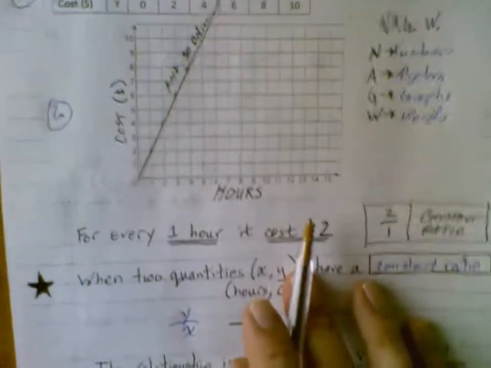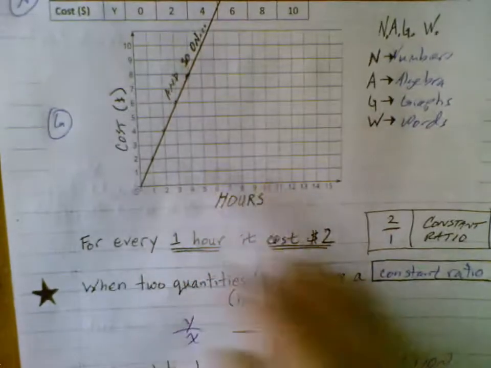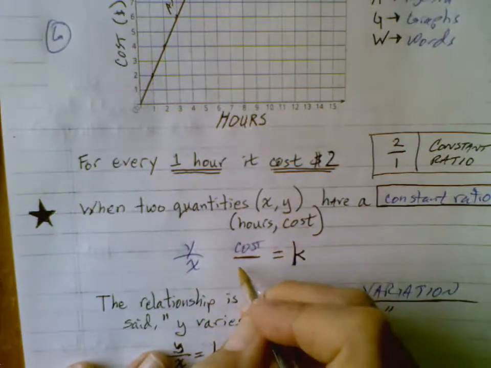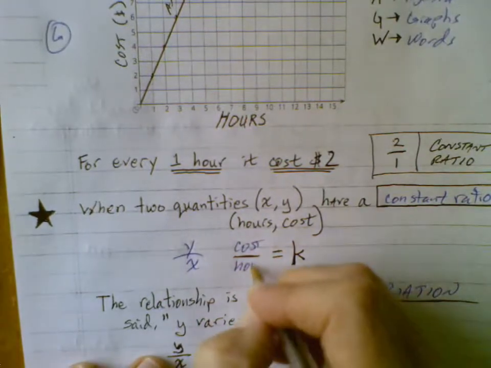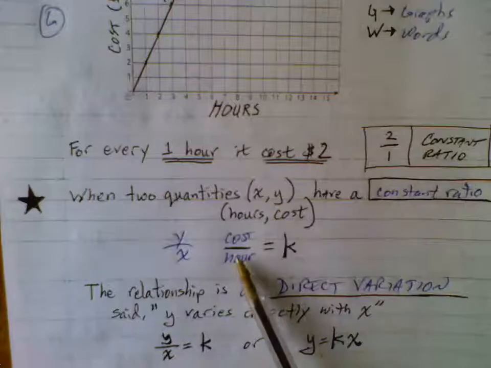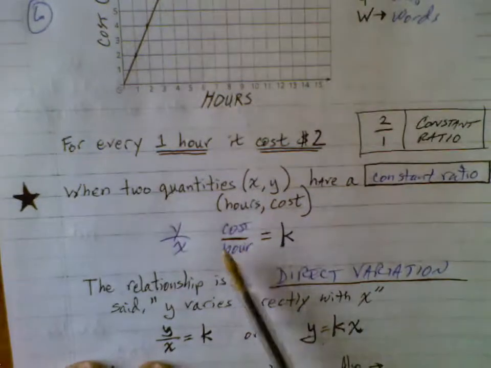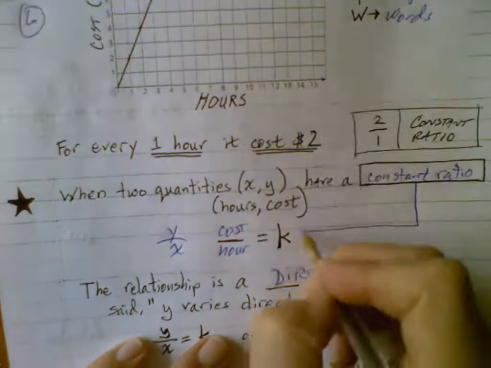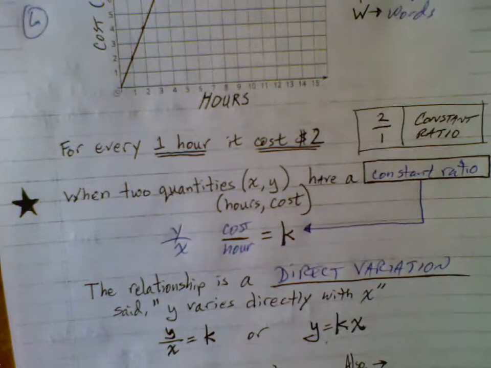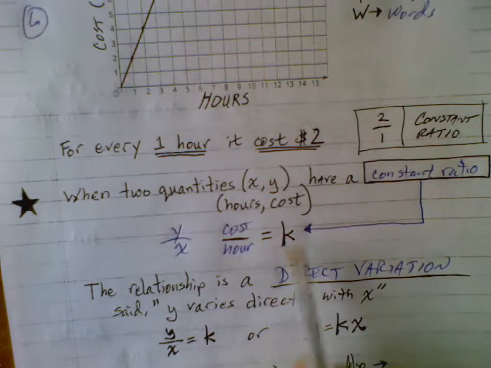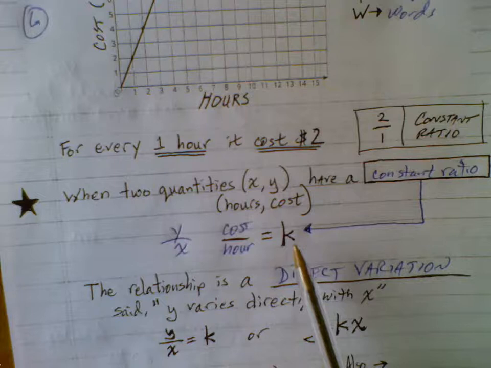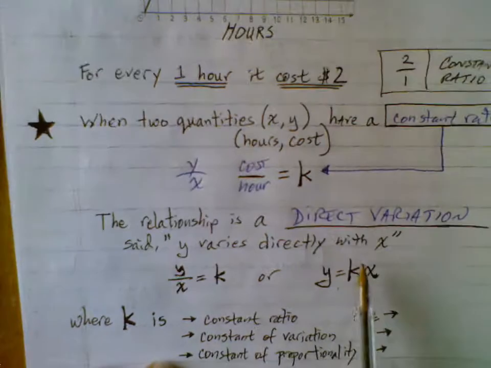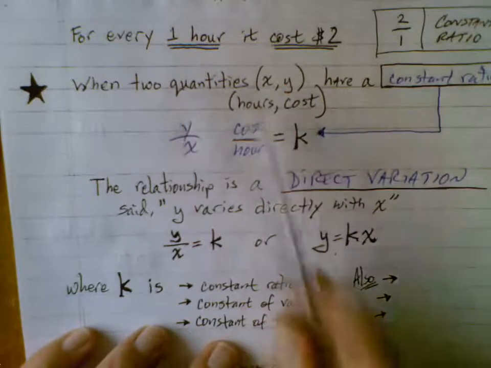And for example here, cost is on top and hours is on the bottom. For any point along the line, the ratio is the same. It's a constant. And that constant ratio, they indicate with the letter k. I used k because that's what's in your textbook. And we say that y varies directly with x when we have a constant ratio.